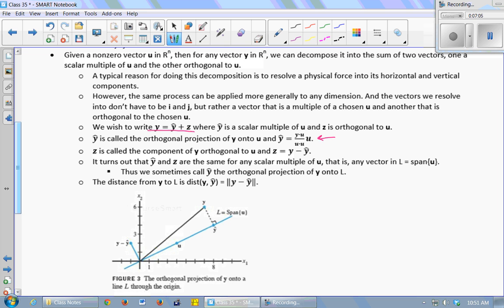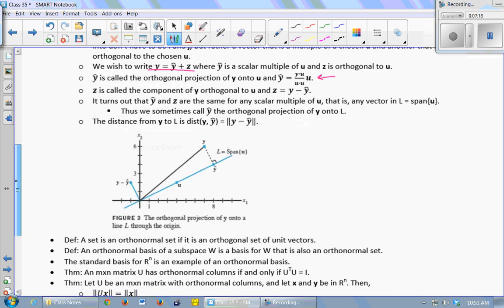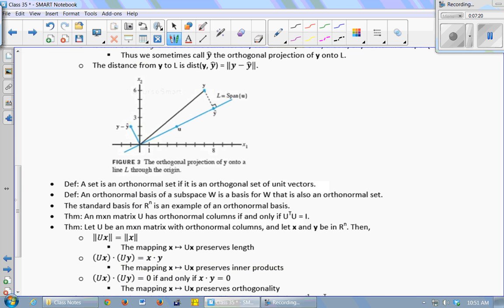Sometimes we call y hat, instead of the orthogonal projection of y onto u, the orthogonal projection of y onto L, because it's the same for any vector on that line. And if you want to compute the distance from y to L, it's just the distance from y to y hat, because we built z to be orthogonal to u, or to L. So you just have to do y minus y hat.